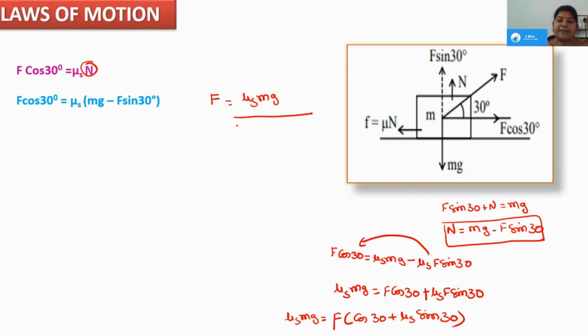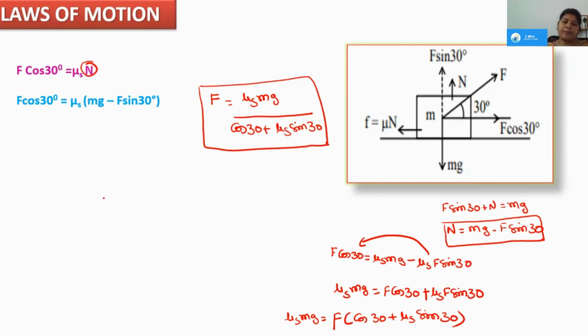This is the formula we are going to use to solve this problem. Observe here, just the multiplication of mu s inside gives this step: F cos 30 equals mu s into mg minus mu s F sin 30.